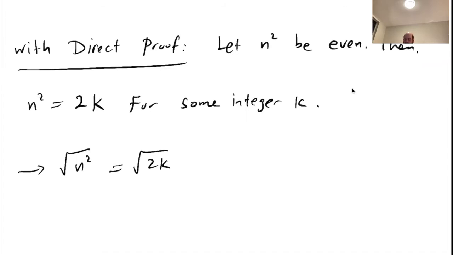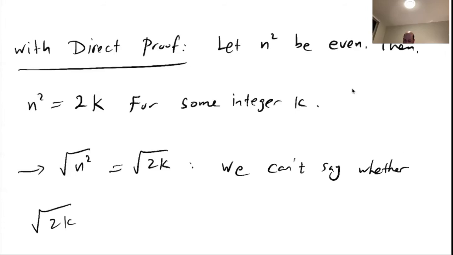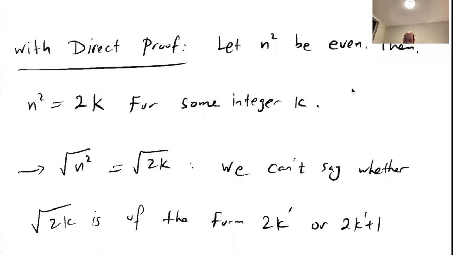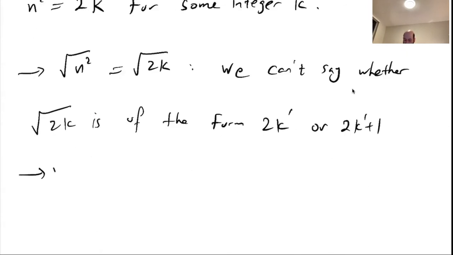We would need to know whether it is of the form 2k' or 2k' plus 1, right? Square root of 2k is not of the form 2 times an integer, or 2 times an integer plus 1. So that's why we are stuck, basically. So we are stuck.